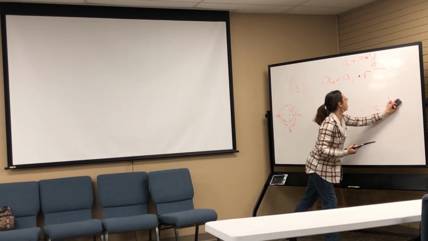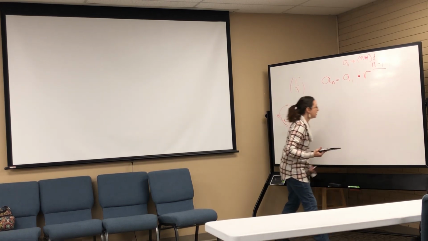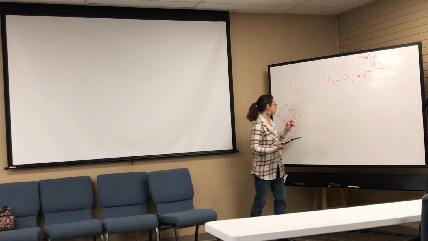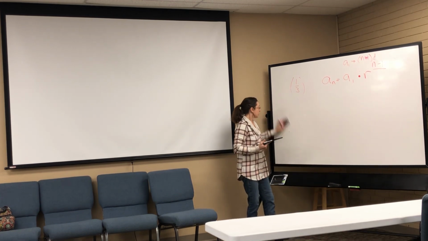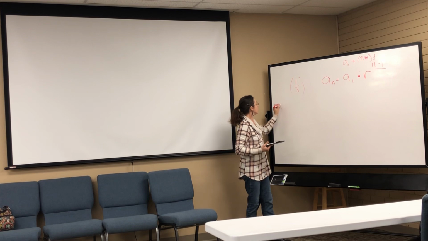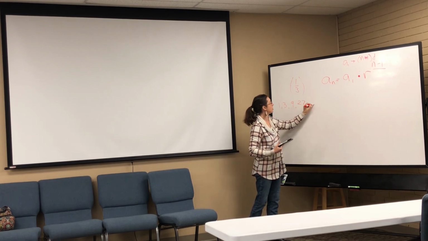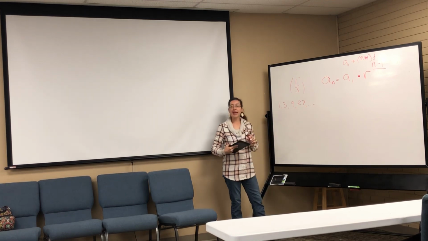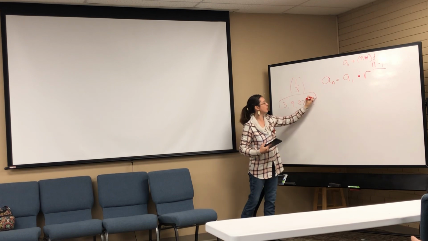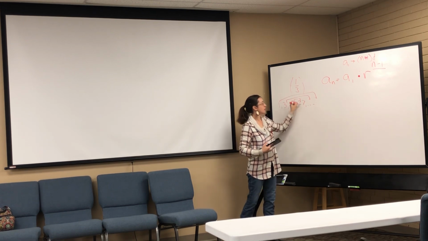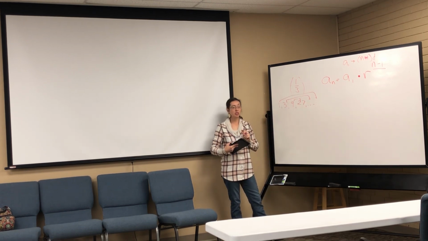So now that we know how to find any term in the sequence, we have this long sequence, our 1, 3, 9, 27, on and on. How do we add this up? We already found out that we can't use the pairing formula because it changes.